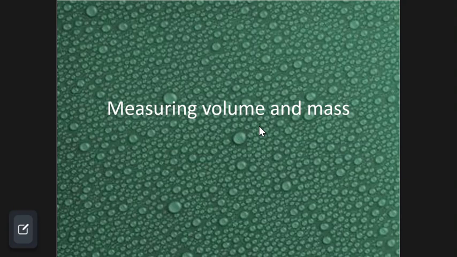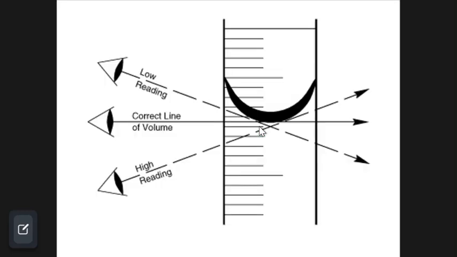Let's look at another example. A lot of times we're going to be measuring volumes and masses of things. If you measure a volume of an aqueous solution, you will end up with this meniscus, this rounded smile look associated with the fluid inside a graduated cylinder.